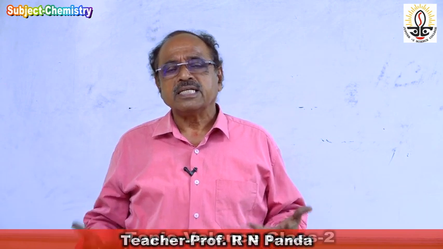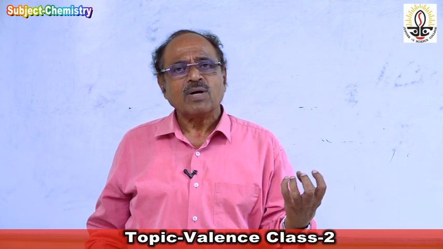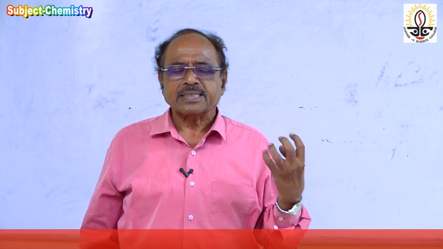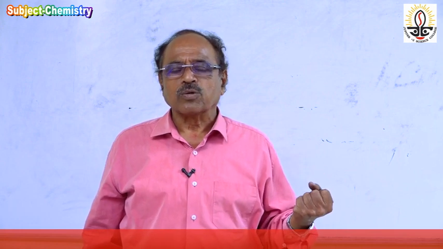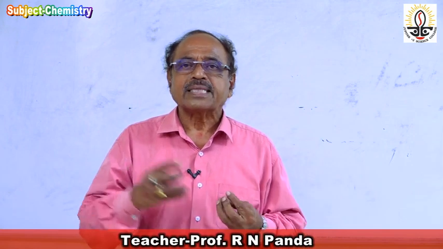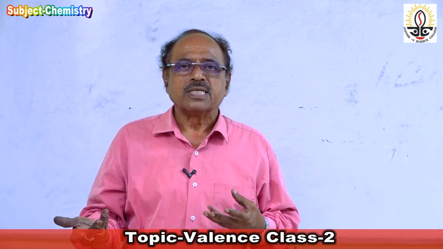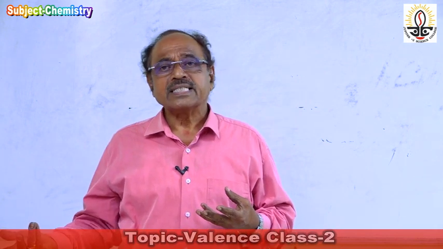Valence is the word combining capacity: how many he can combine. Valency state is, out of the 5, how much he has used, which he has used, so that is called valency state.